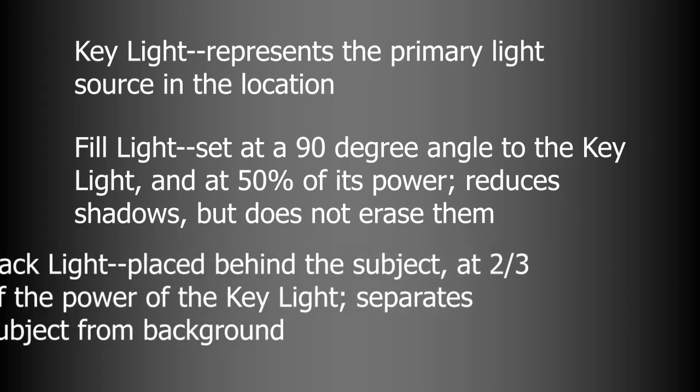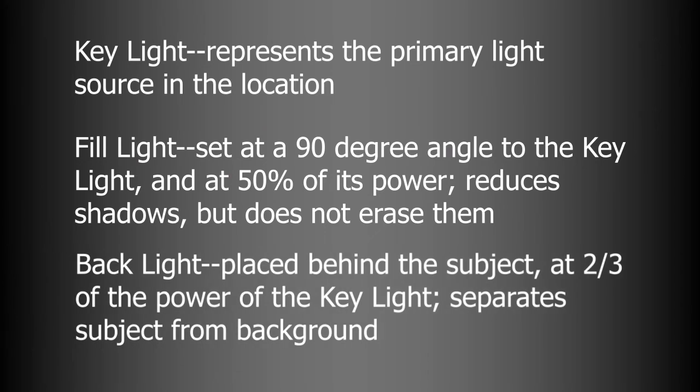The last light is the backlight. The backlight is going to obviously go behind the subject somewhere. It will be set at approximately 2/3 the power of your key light, and its purpose is to separate the subject from the background. People cannot tell visually that the person standing in front of a background isn't all the way back by the background necessarily.